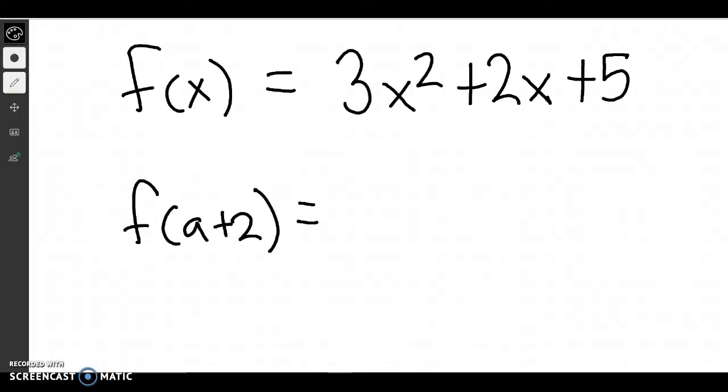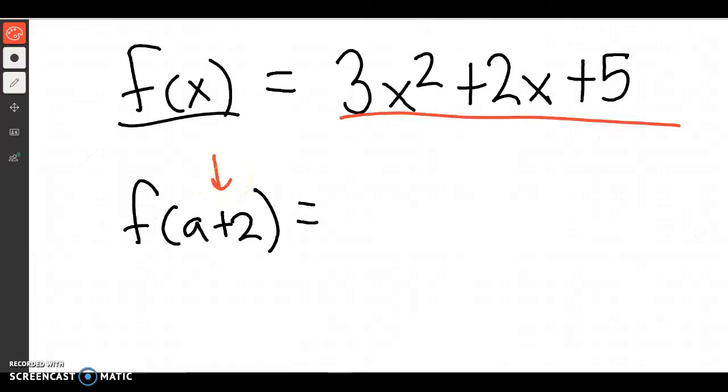Okay, so my next example, we again have function notation, so it's saying f of x is equal to 3x squared plus 2x plus 5. And this time, instead of plugging in just a regular number, we have a plus 2.